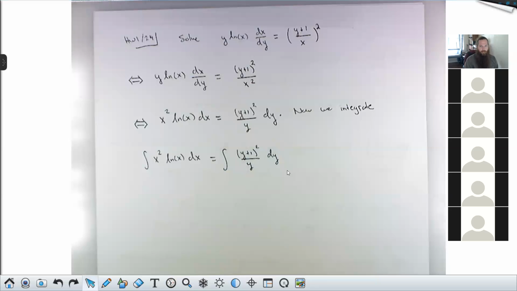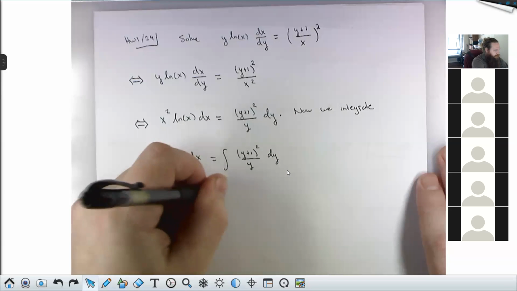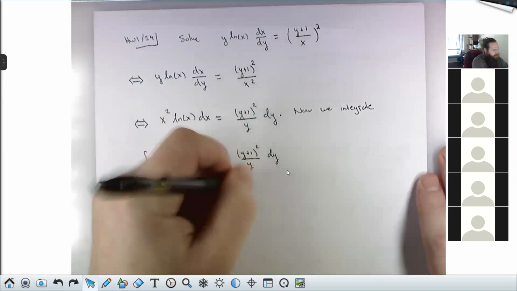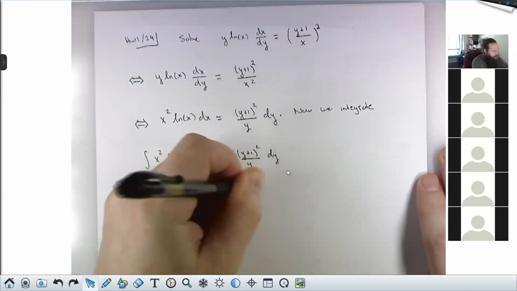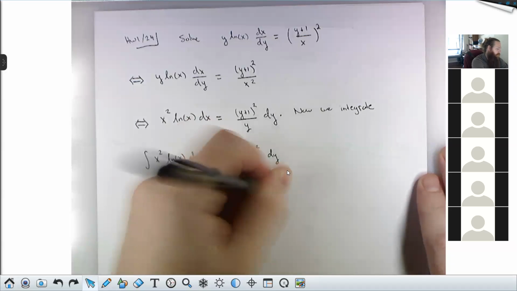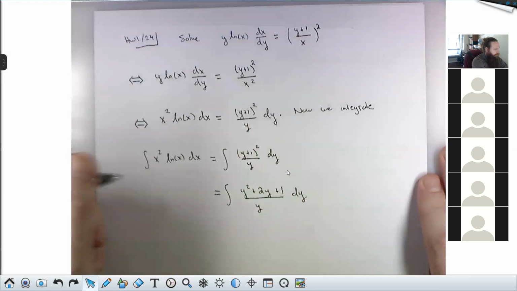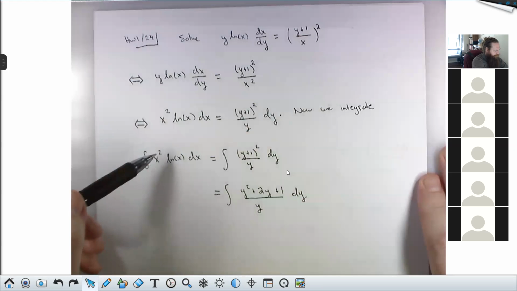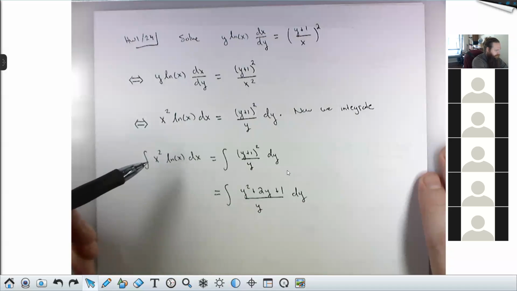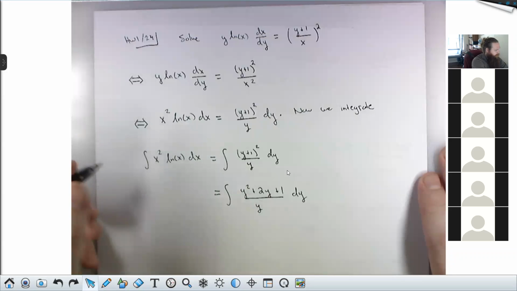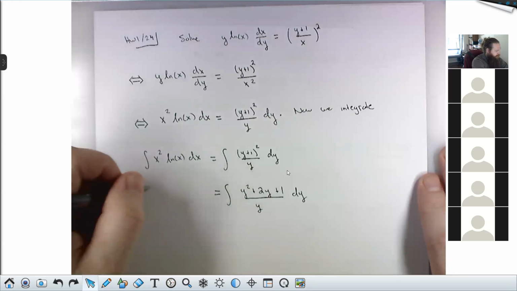You can expand it into y squared plus 2y plus 1 over y. Yeah, exactly. So I'm going to multiply this out. This is y squared plus 2y plus 1 over y dy. And let me just write this down here again.